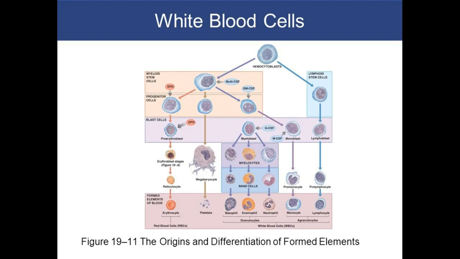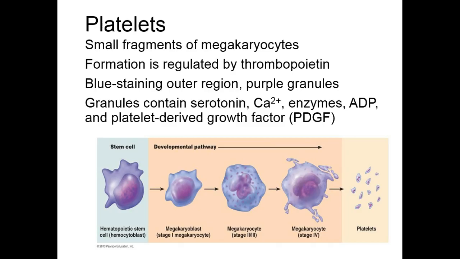That's the formed elements. The last little formed element is a platelet, which is kind of interesting. We say platelet, and we also say thrombocyte. But really, in all honesty, ours are not called thrombocytes. Ours are called platelets. Because ours has no nucleus. They are fragments of this larger cell called a megakaryocyte.